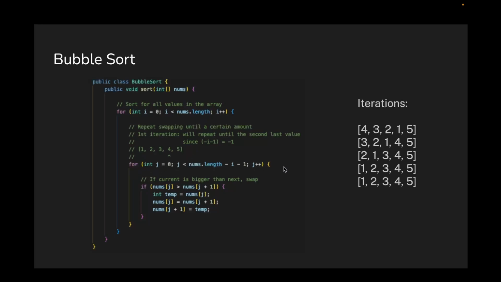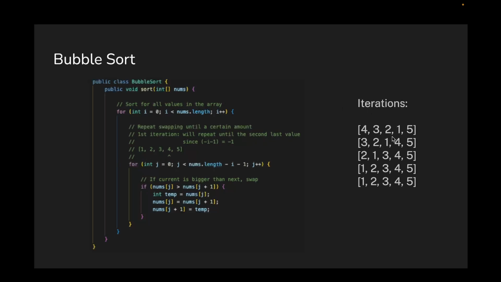For the inside loop, for each of those iterations, we repeat swapping until a certain amount. This is specific to this implementation, but we'll check if we need to swap until the second last value.